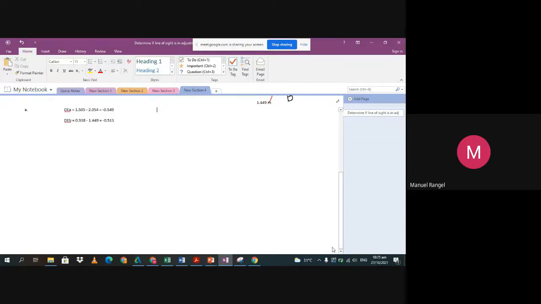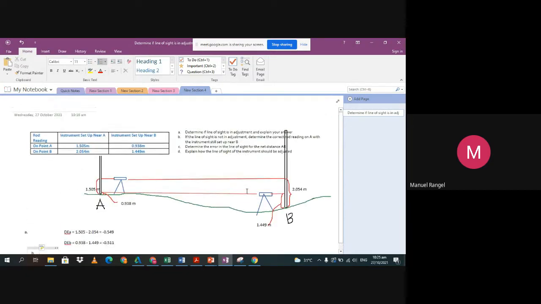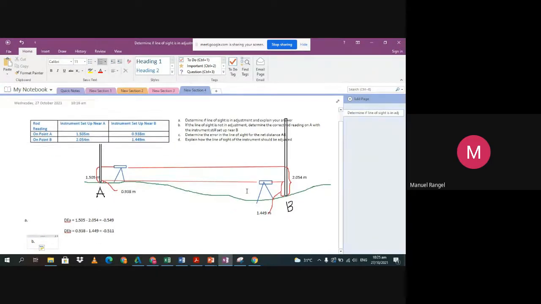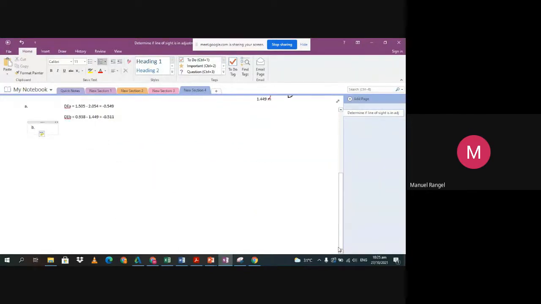Okay, for letter B, if the line of sight is not in adjustment, determine the correct rod reading on A with the instrument still set up at B. So we get their average.